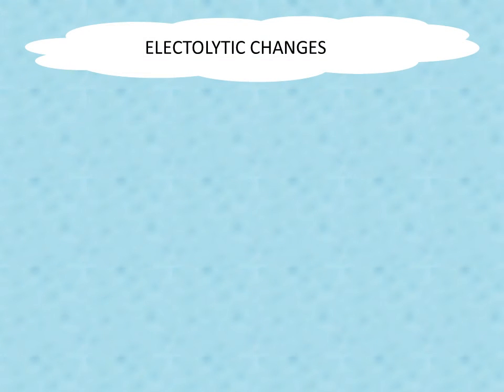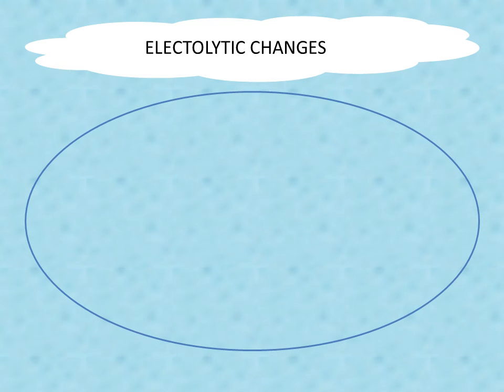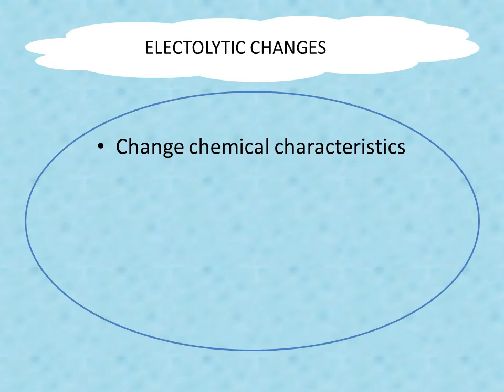Next is electrolytic changes. That is the last process. Here they think that the filter helps in purifying the water by changing the chemical characteristics, because the sand grains and the impurities are electrical in nature. They carry electrical charges.